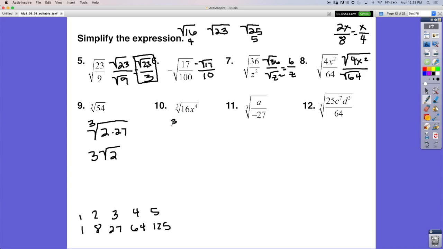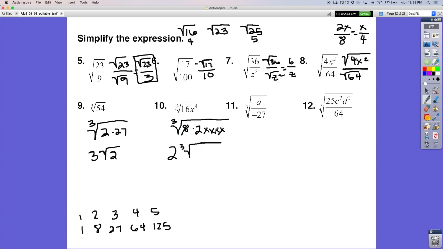Okay, let's look at this one. Cube root. Are there any cube roots in 16? 8. Yes, it's 8. Now, I'm going to do this one so that you can see it. I'm going to write it out. So 8 is a cube root. What's it a cube root of? 2. So that goes on the outside. Okay, done.